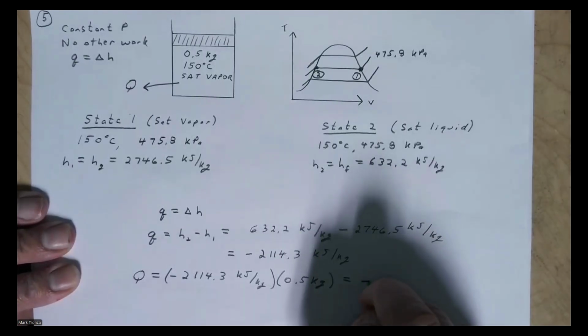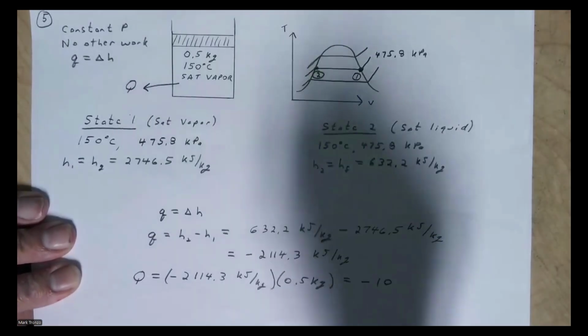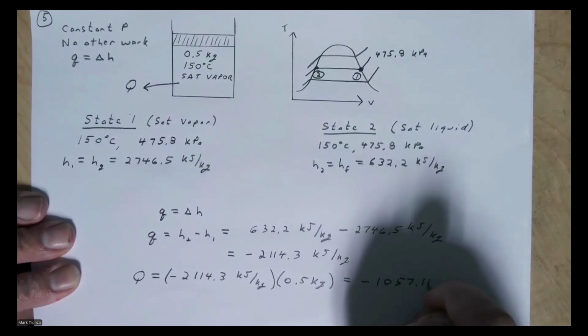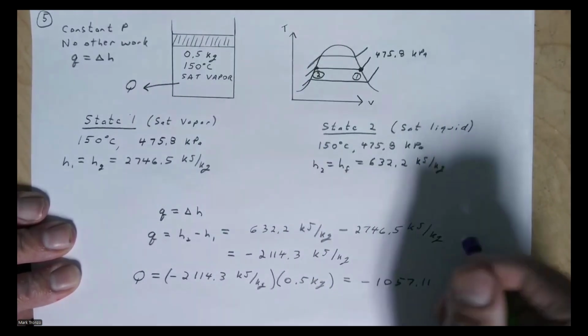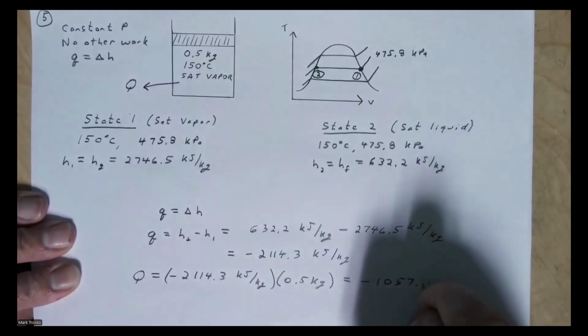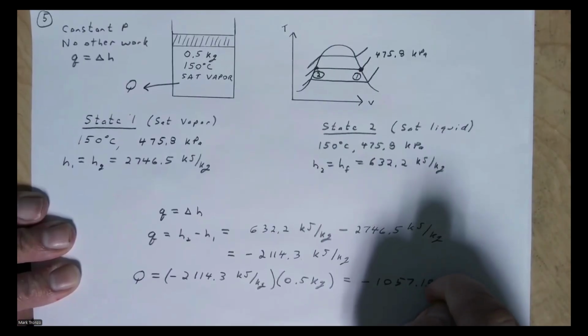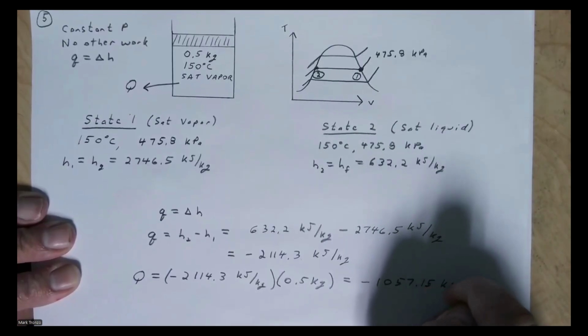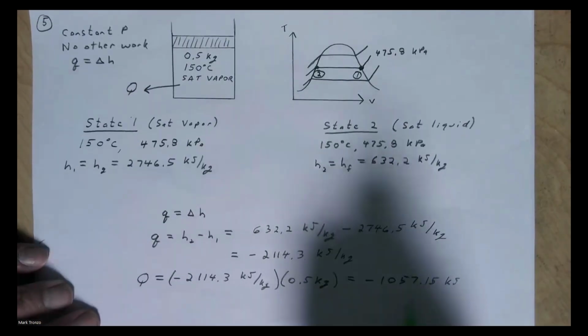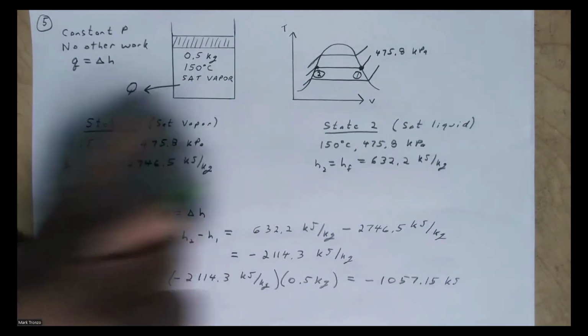And when we do that, we get negative 1057.15 kilojoules. And the negative indicates that it's heat transferred out.